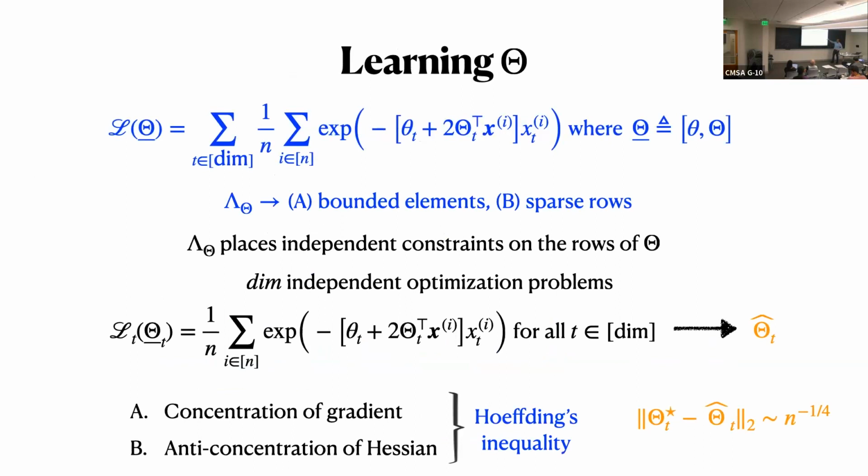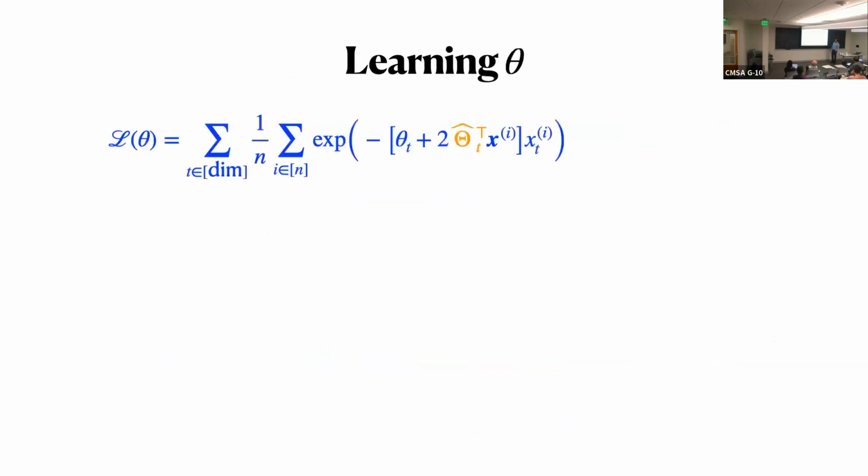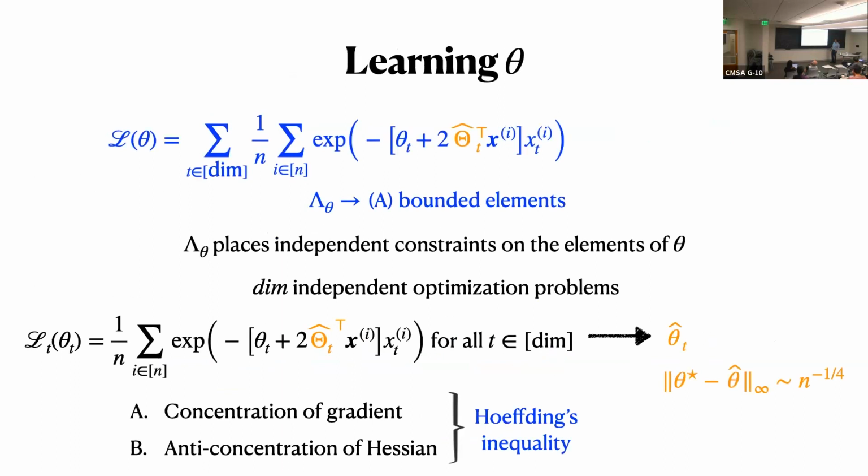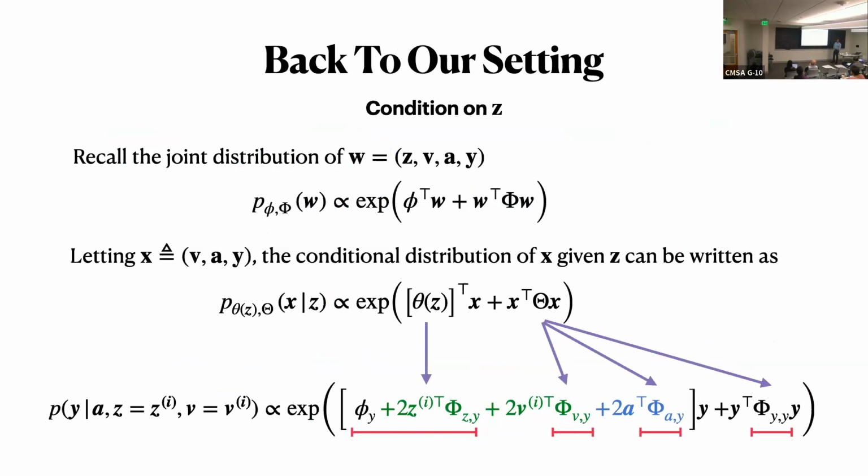Okay, and again, the way the argument would go is that first you would learn the common things, and then you would learn the node-wise things. Okay, so you learn the pairwise parameters first, put that estimate in, then solve for the node-wise parameter, and then the arguments will go through.